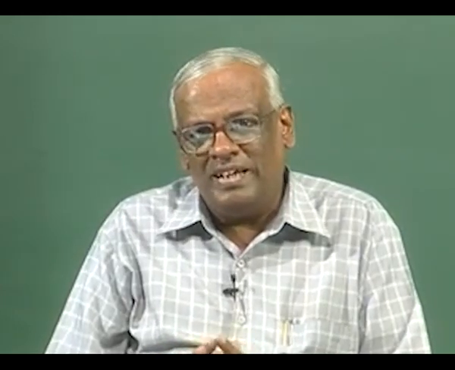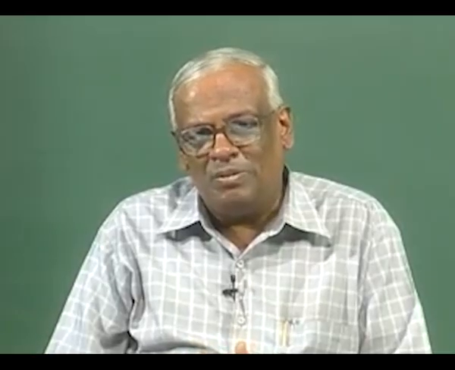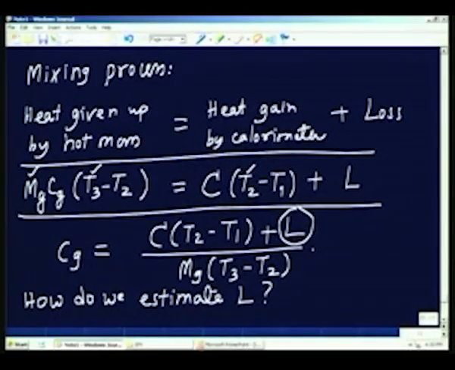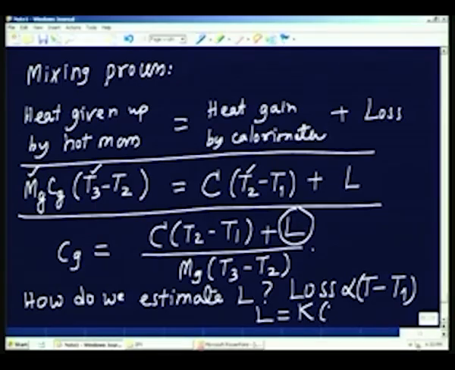So, we can assume that the loss is proportional to the temperature minus temperature T1. Actually, I can say that loss is equal to some K multiplied by T minus T1, and if I know the value of K, I will be able to determine the loss, and then determine the specific heat accurately.